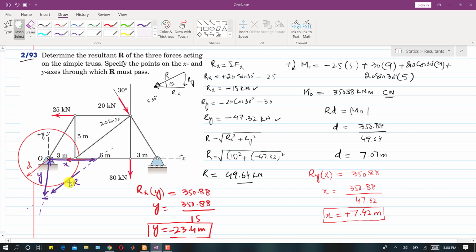So this is the resultant, whose magnitude is 49.64, and the coordinates of this point are 7.42, and the coordinates of these points are x is 0 and y is minus 23.4 meters, right? This is in meters and this is in meters as well, right? So this is the solution of this problem.